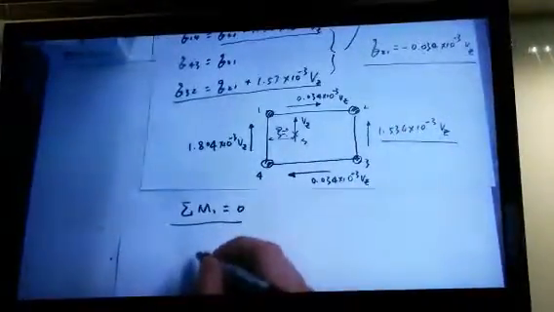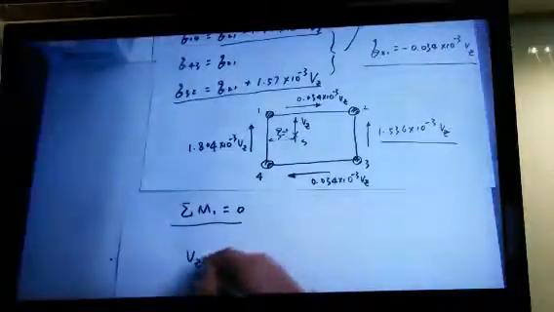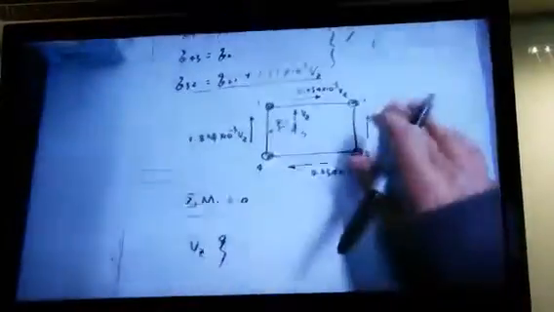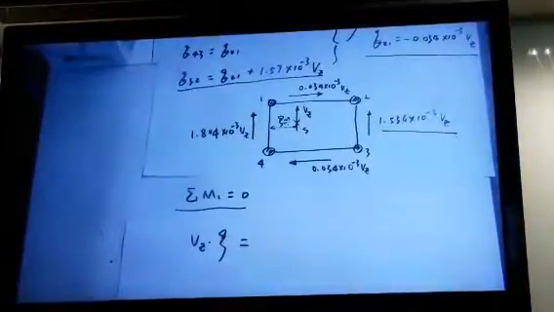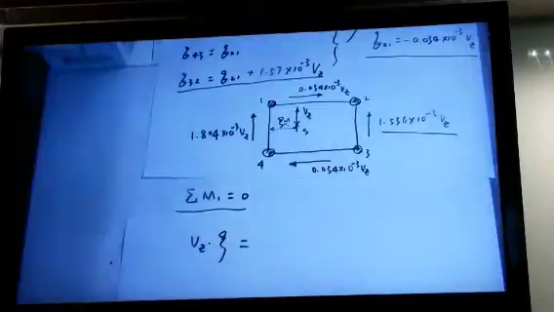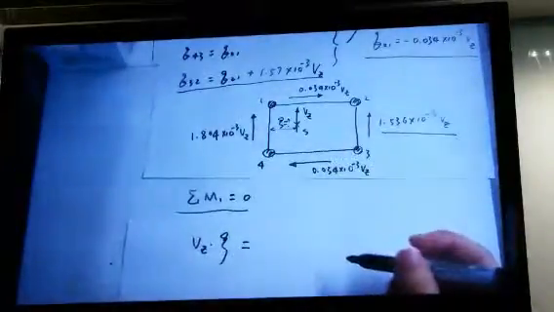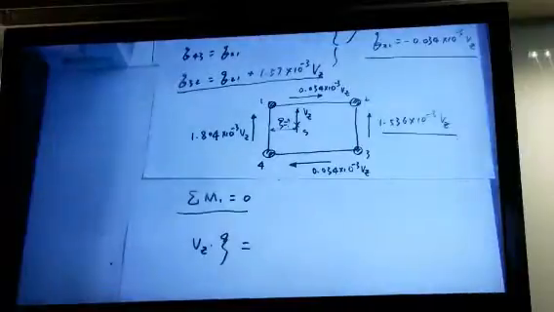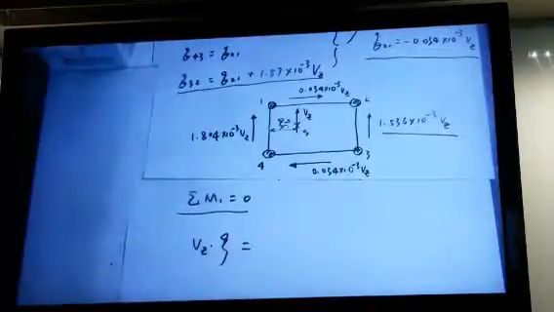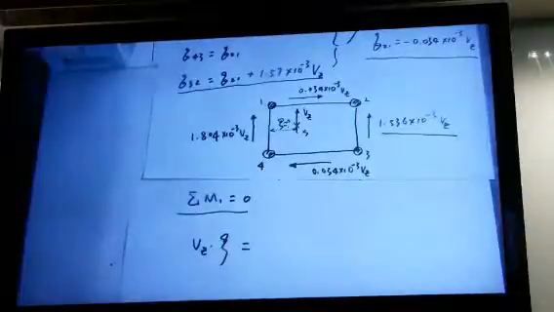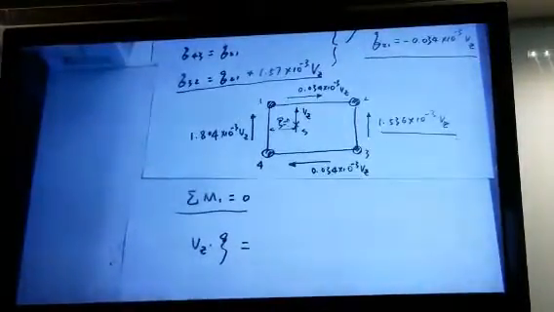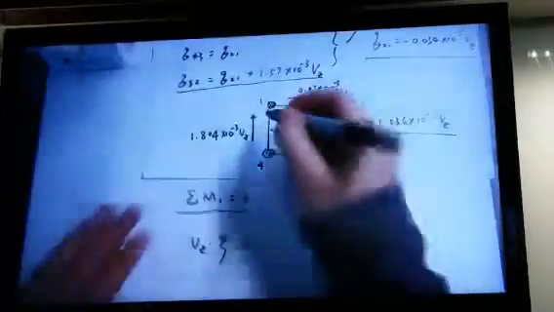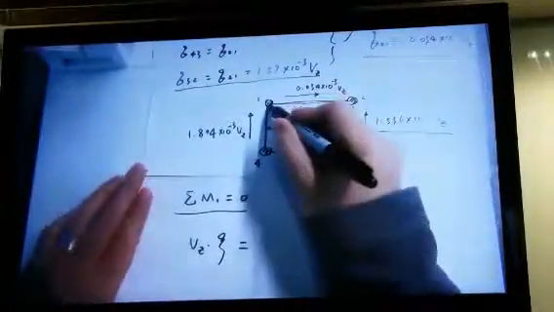The moment induced by the external force is VZ times C on the left, right? It's counterclockwise. VZ is there, distance is that much. The counterclockwise moment induced by VZ should be balanced by the shear flow within this cross section. Again, we use the formula 2AQ, to calculate the moment contribution from the shear flow. So the shear flow flowing through point 1 will not be contributing. These shear flows are flowing through point 1.